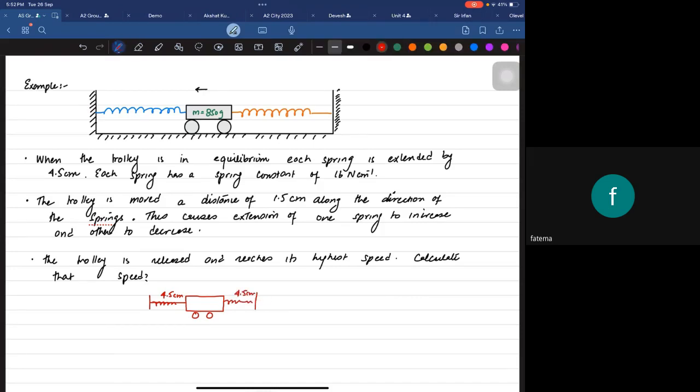Both springs have the same extension. If you move the trolley to either side by 1.5 centimeter, then on this side the extension will decrease, so the new extension will be 4.5 minus 1.5, that's going to be 3. Do you guys agree? Yes. And on the other side, the extension is going to increase because you're stretching it even more, so that will be 4.5 plus 1.5, that's going to be 6. Get it? Yes.